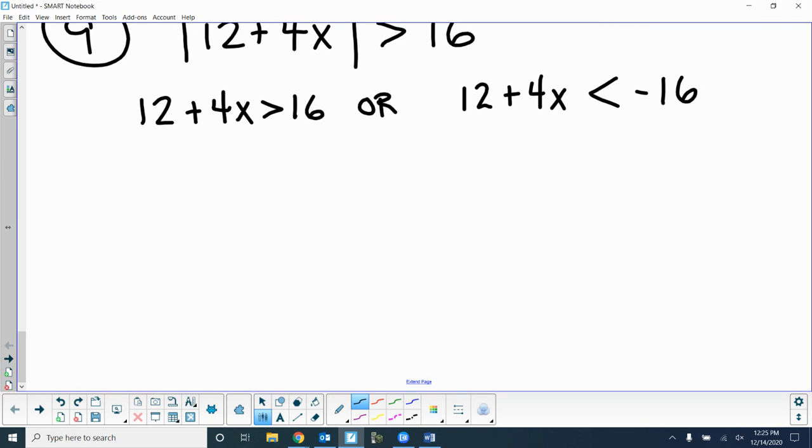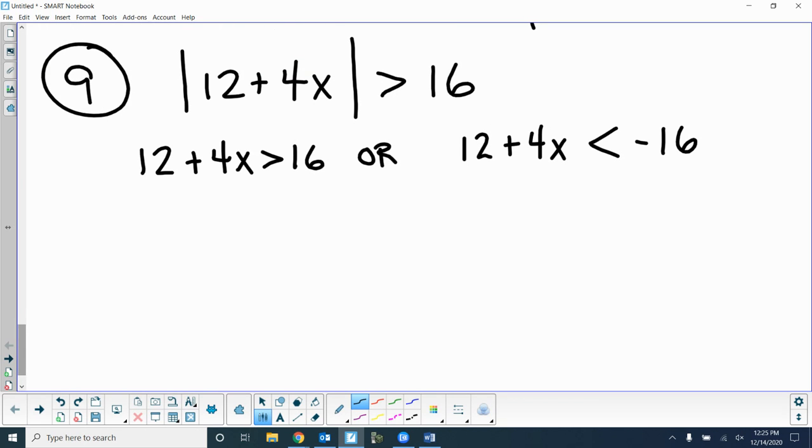Usually the or problems go which direction when you graph them? Anybody remember? Yes. Opposite directions, the ors. Most of the time. Not every time, but most of the time. The ands usually go towards each other. Okay? If you want to add that to your little notes, you can do that.